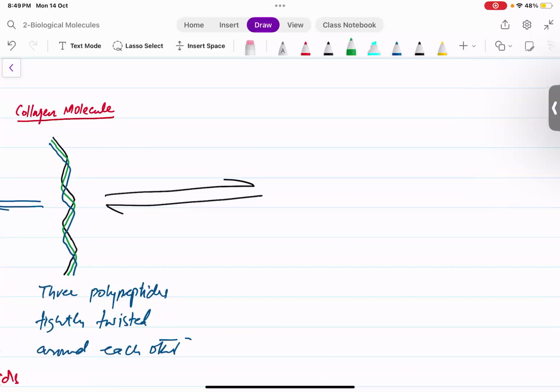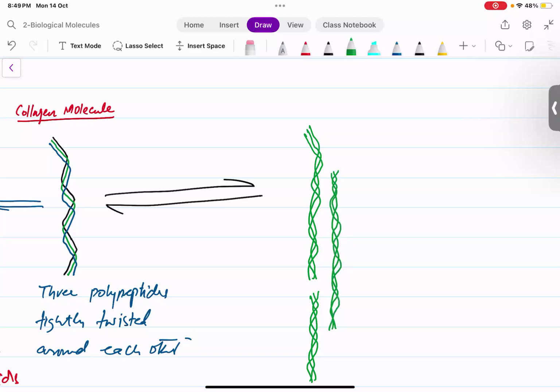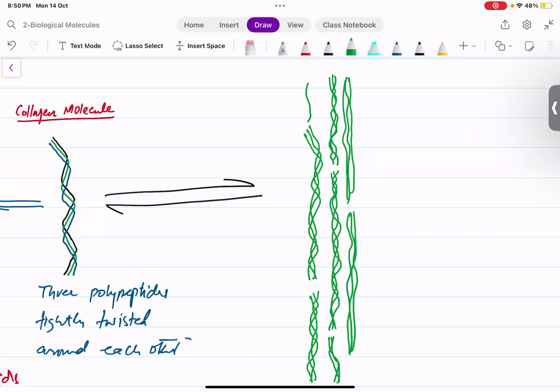For example, if this is one collagen molecule which has 3 polypeptides twisted around each other, another collagen molecule will be present here, and another collagen molecule here, and another here.